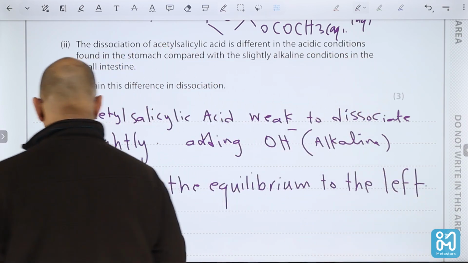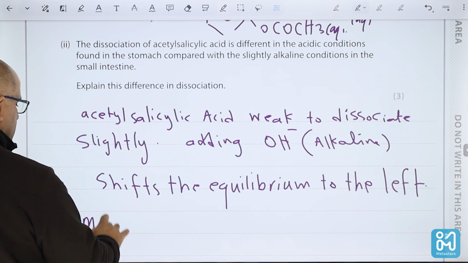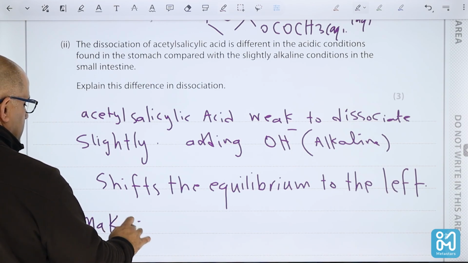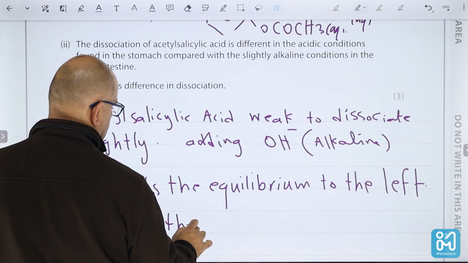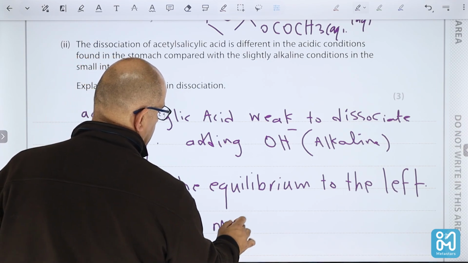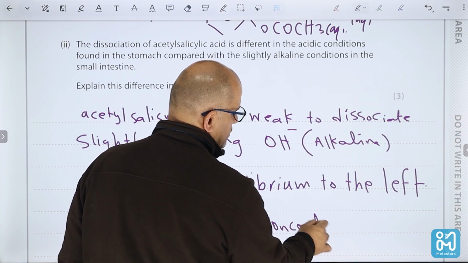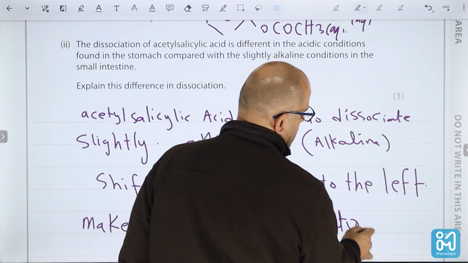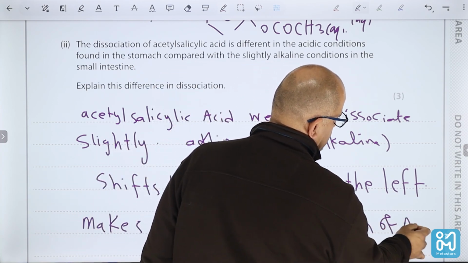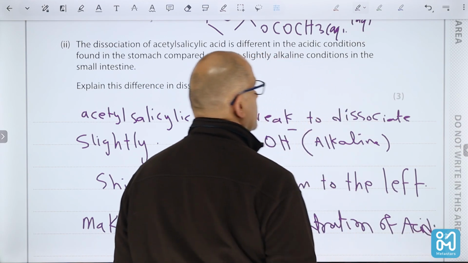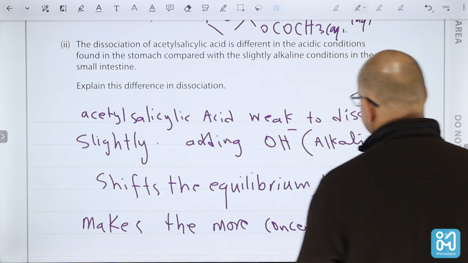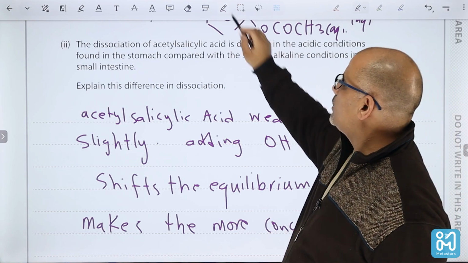And this makes more concentration of acid on the left side. Okay.